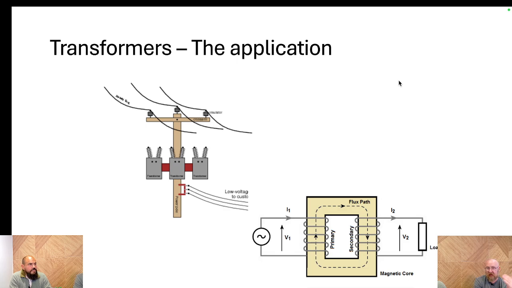Our transmission lines are really high voltage so that we don't have to make these huge wires for them to travel down. If we did, we would probably use up all the copper in the world, and things wouldn't work well.